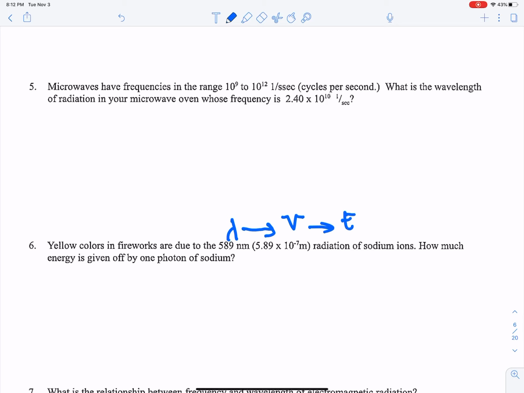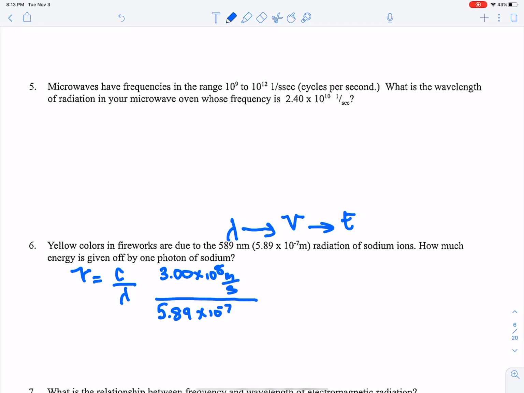So to find frequency, it is equal to C over the wavelength. So 3.00 times 10 to the 8 meters per second divided by the wavelength, which is 5.89 times 10 to the negative 7 meters.